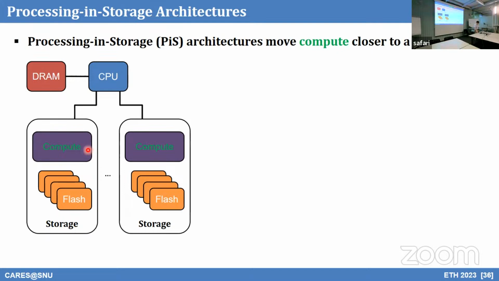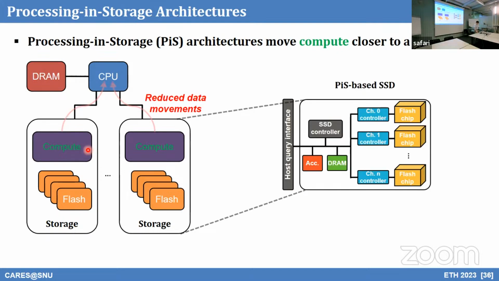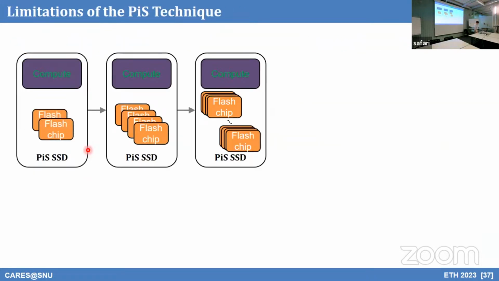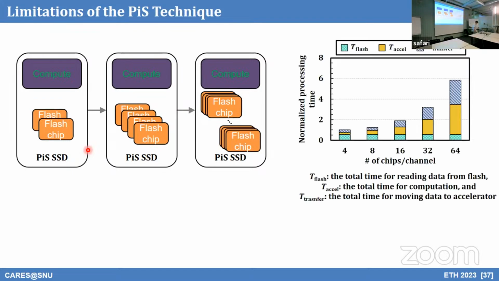And if you look at processing in this way, what I observed was the problem is, as SSD capacity increases, and typically SSD capacity increases by putting more flash chips and using parallelism, this acceleration capability is not scalable in some sense. Because if you have more data in your SSD and you want a higher acceleration capability, also, with more flash chips, data transfer becomes a bottleneck.